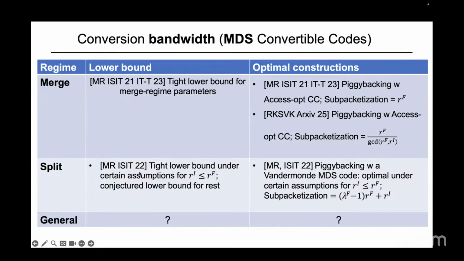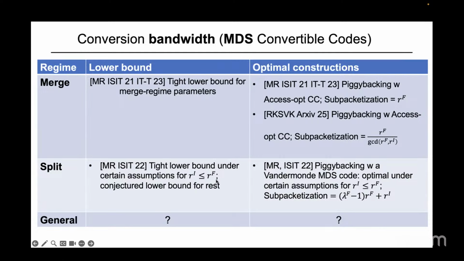But on the split side, some things are known, some things were open. We had a tight lower bound, which was known for certain assumptions for Ri less than Rf, which can be thought of as an increasing redundancy regime where the parameters increase during split.